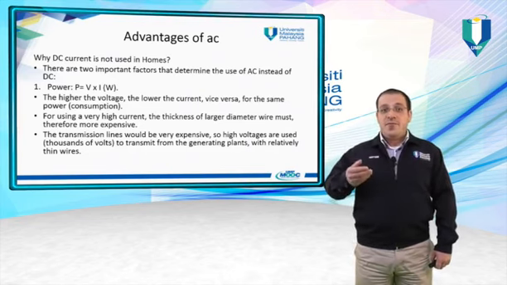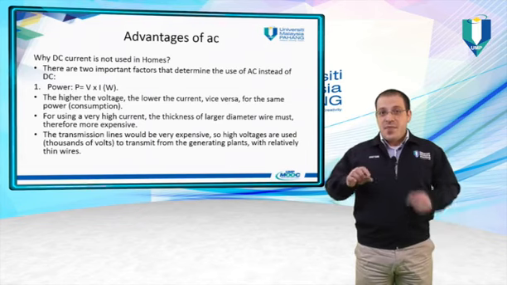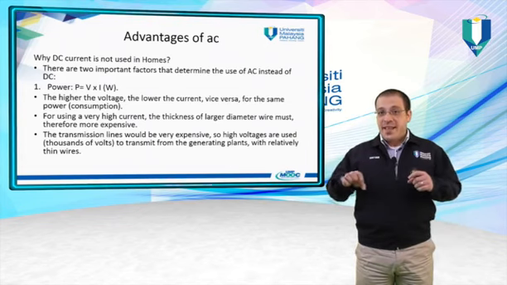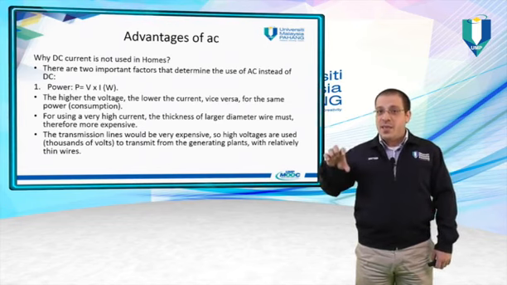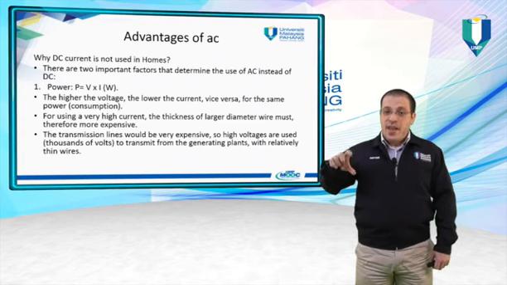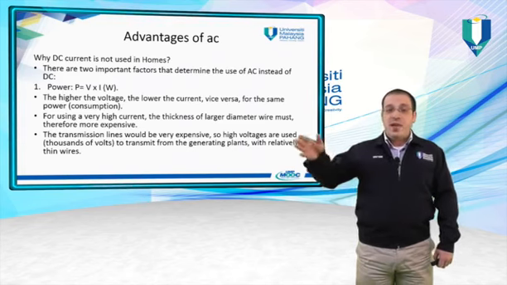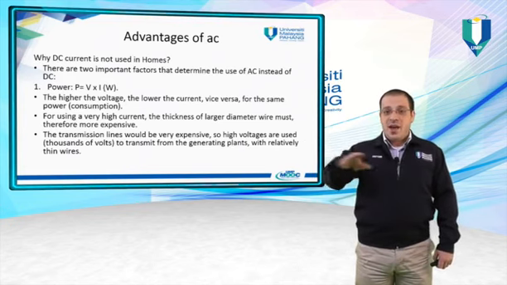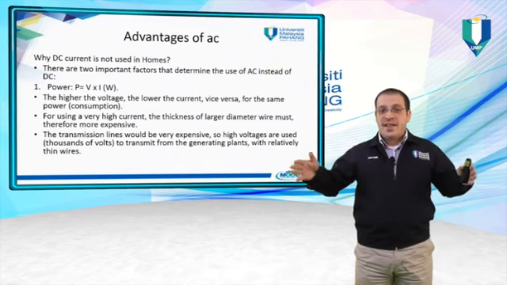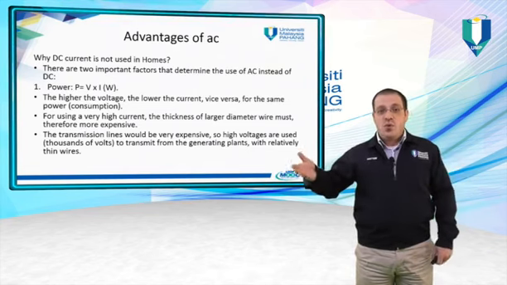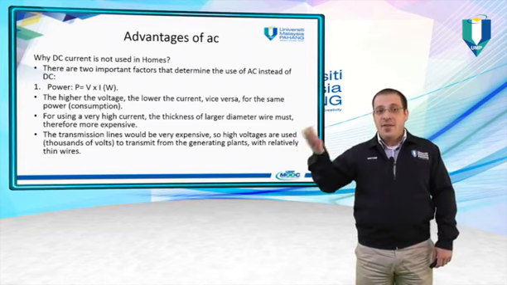So for very high current, the wires that transfer this current should be thick. So more current, more thickness. That's why if you look, for example, near your house, there is a room with a sign telling you to be careful, it's high voltage.